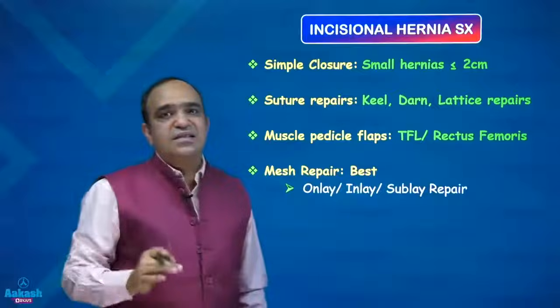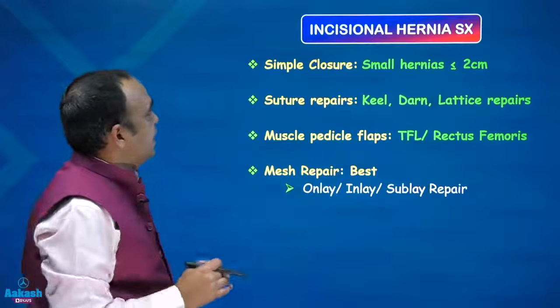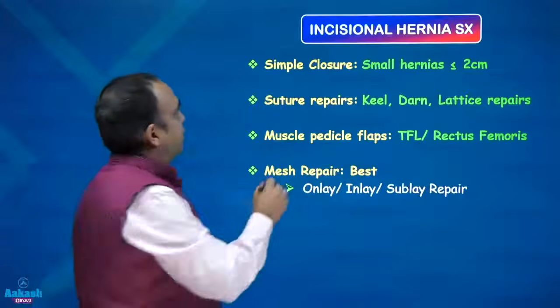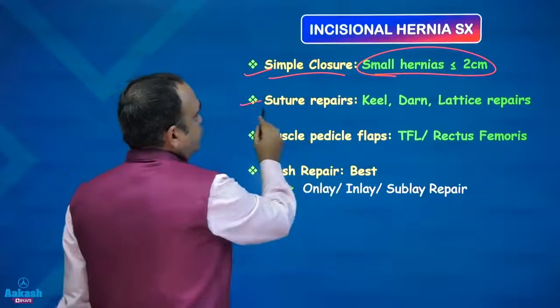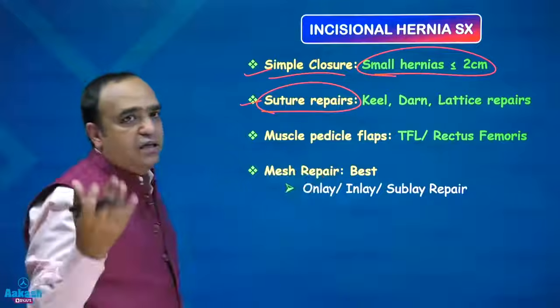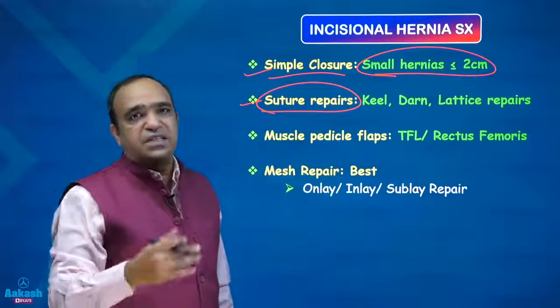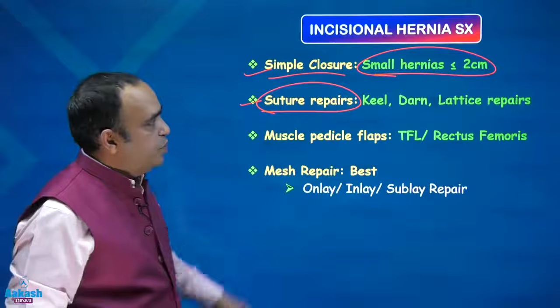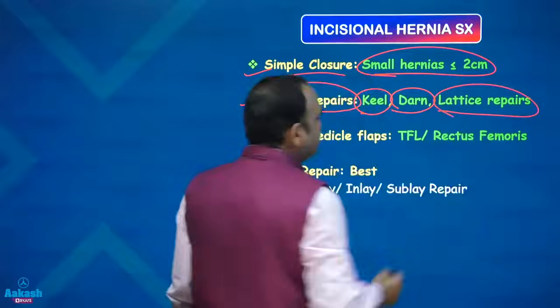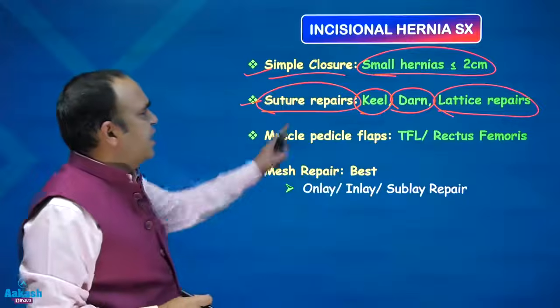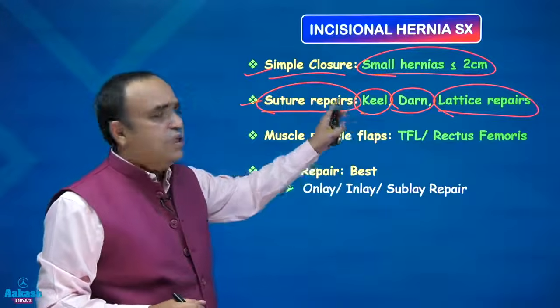Now last is incisional hernia. When we talk about repairs, there is simple closure for defects less than 2 centimeters, and suture repairs, the older techniques. Suppose you are working at some peripheral center, you don't have a mesh available, so you must know about it. Different names: keel repair, Dan repair, lattice repairs. They are the traditional heavy suture repairs.